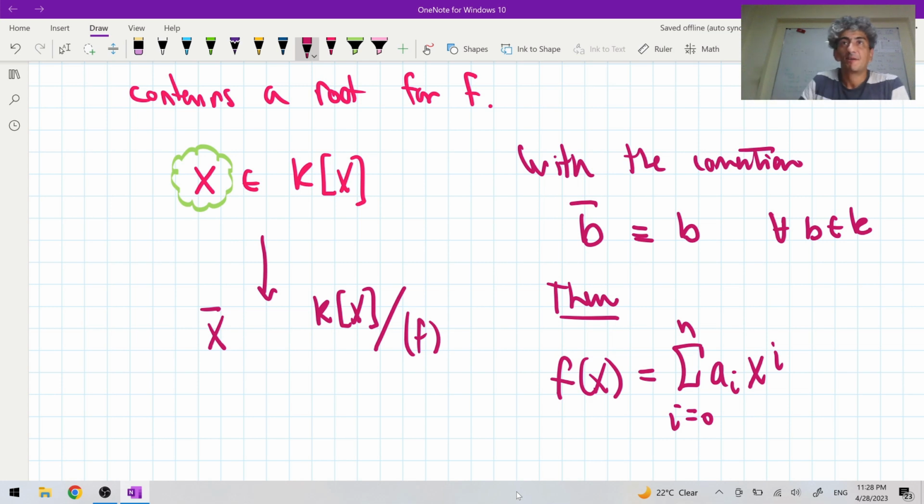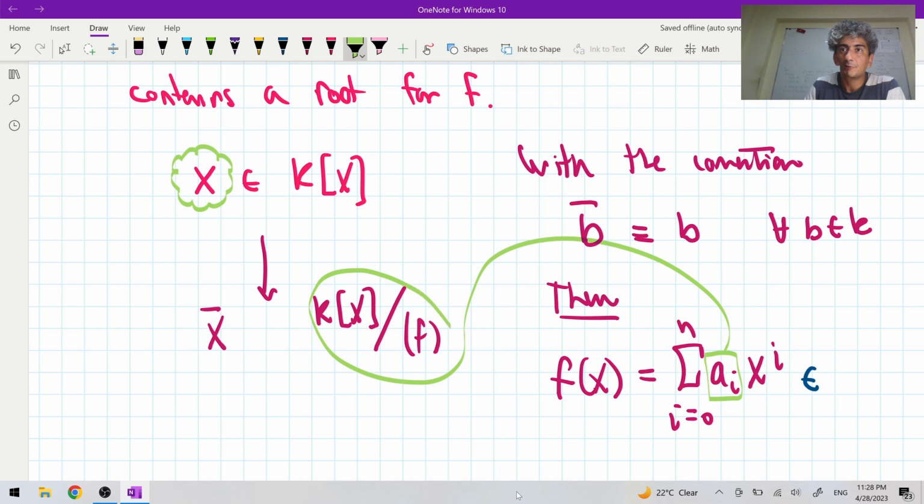Now we can view this as a polynomial in this field, since all these coefficients can be seen as belonging to this field.